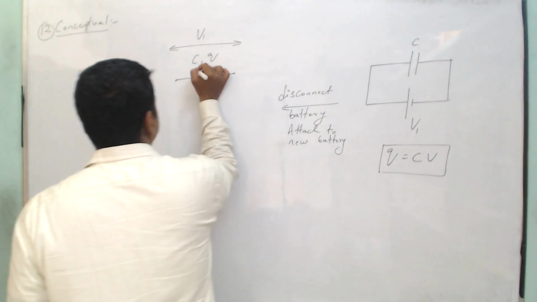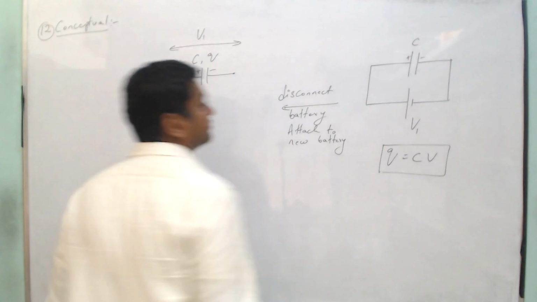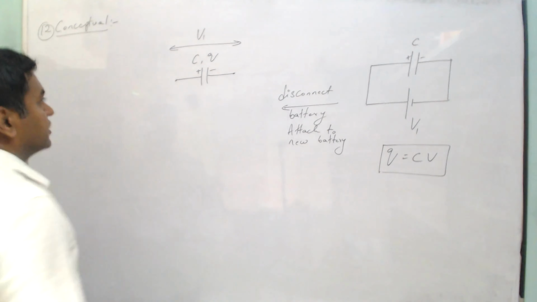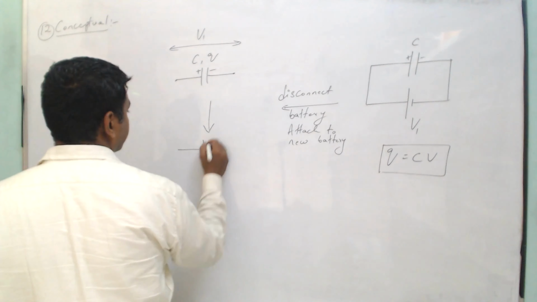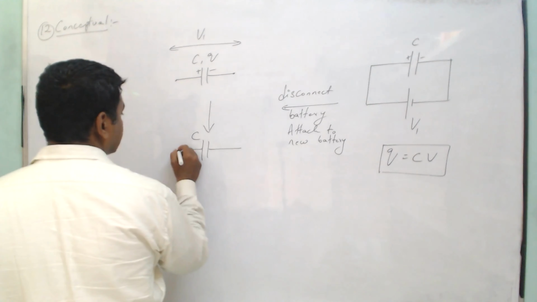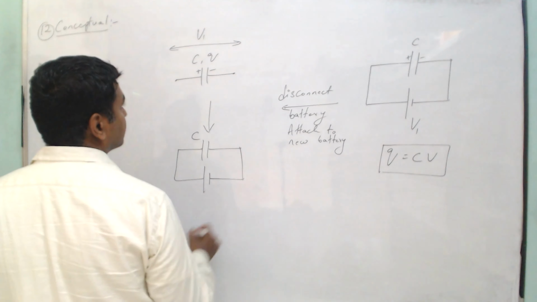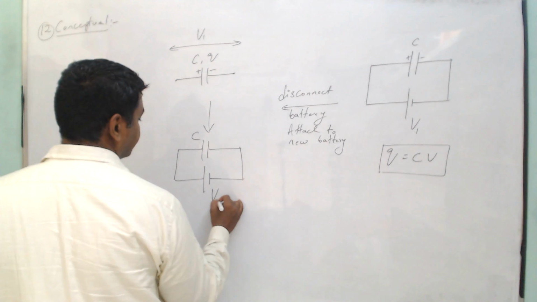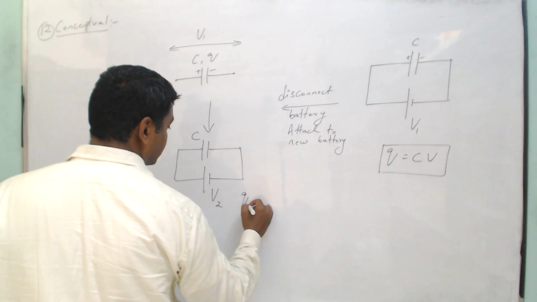Positive charges are on the left side, negative charges are on the right side of the plates. Now I will attach it to a new battery. The capacitance is still C, and my new battery has a potential of V2. So the charge accumulated now is Q dash.